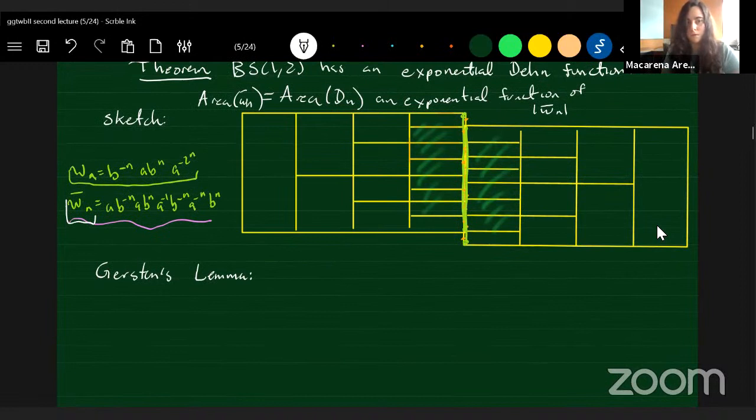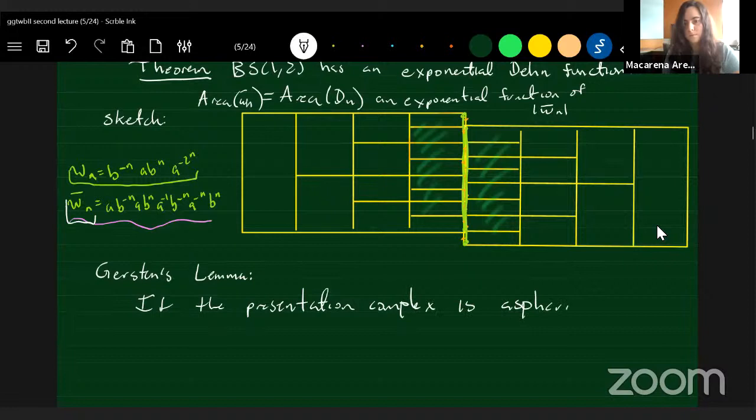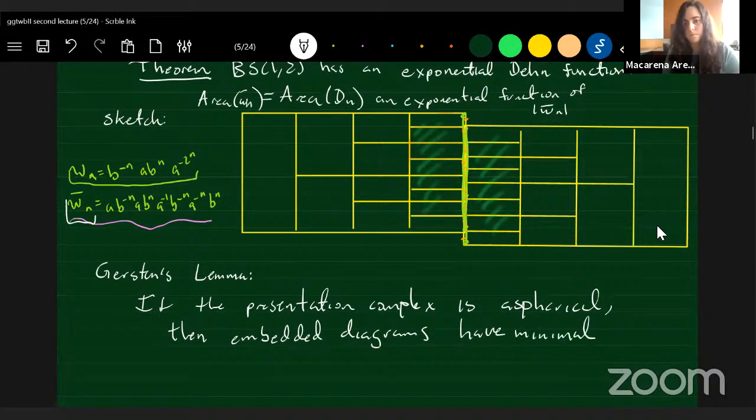So Gersten's lemma says that if the presentation complex is spherical, then embedded diagrams have minimal area. So these diagrams, one can see very easily that they are embedded in the K complex.